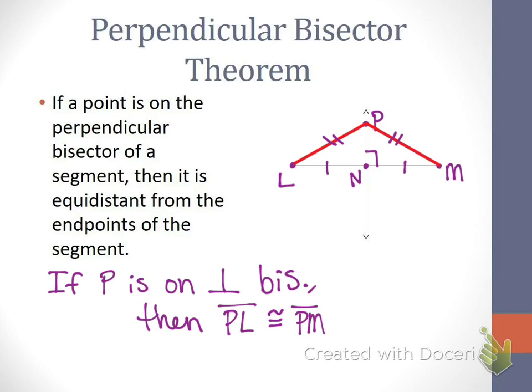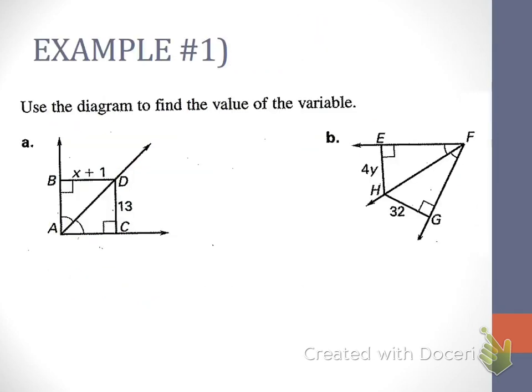Questions, concerns, need more time on that slide? Okay, we've taken in a lot of information, so let's see if we can apply it to these problems. Use the diagram to find the value of the variable. So in our first one, if these little angles in here are marked as being congruent, then what does that mean about AD?